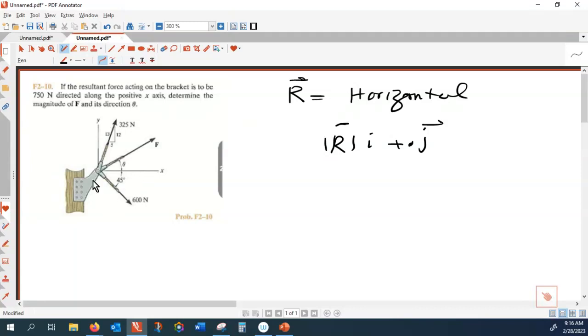That's one thing. And also we know that these two forces together with F will be resulting in R. So let me call this one F1. I call this F2. And here we should have R is equal to F1 plus F2 plus F, sorry.